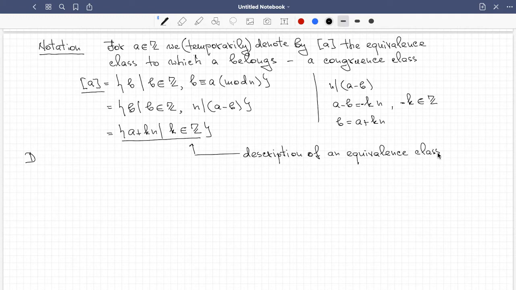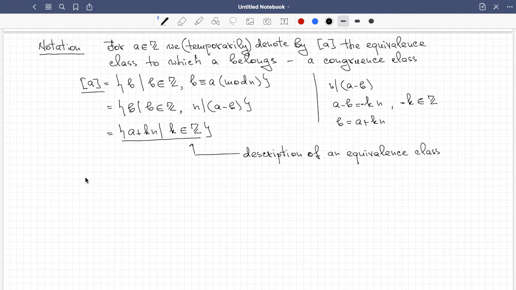The equivalence class which contains A. By the way, in this case, when the equivalence class contains A, let me write that before going to all equivalence classes.